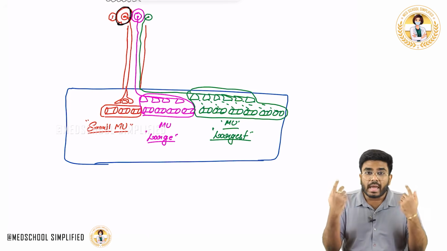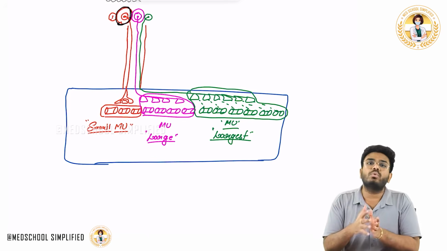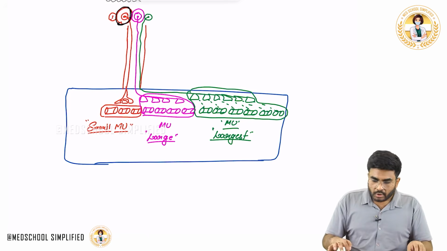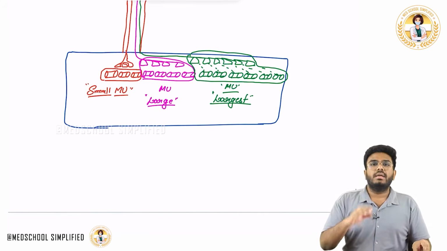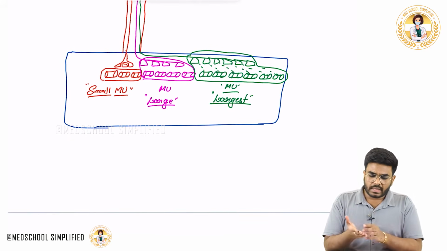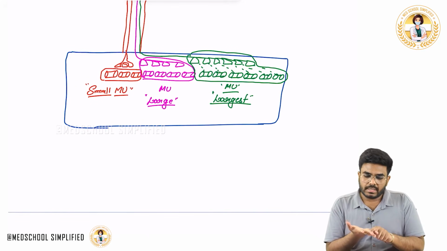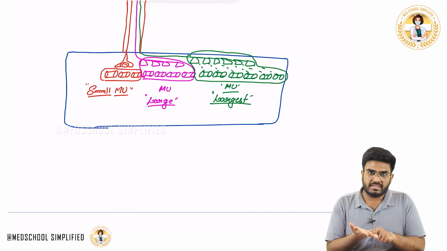So now a large motor unit will be activated or recruited. So the concept which I want you to know is that in your muscles, small motor units are present, large motor units present and largest motor units present.